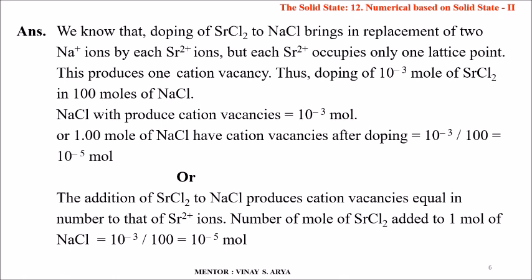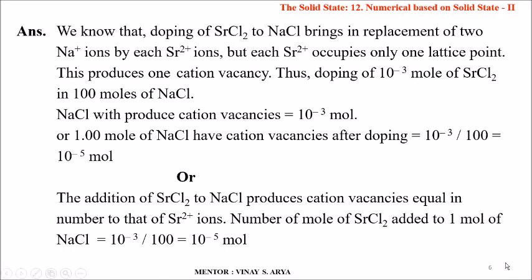The addition of strontium chloride, SrCl2, to NaCl produces cation vacancies equal to the number of strontium ions. The number of moles of strontium ion added to 1 mole of NaCl is equal to 10 to the power minus 3 upon 100. So that is 10 to the power minus 5. As I said, 10 to the power minus 3 upon 10 to the power 2 it will be. So when you change the position from divisor to multiple, then it becomes 10 to the power minus 2.